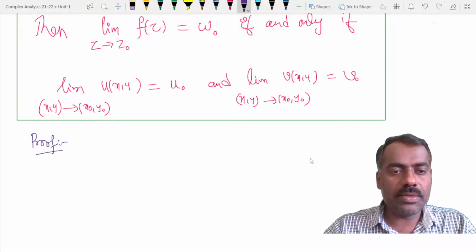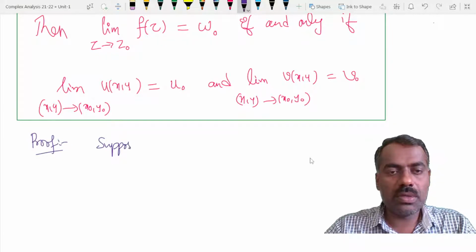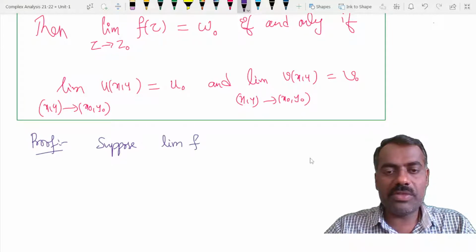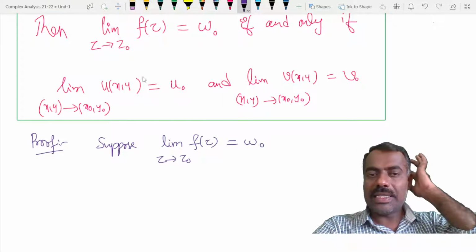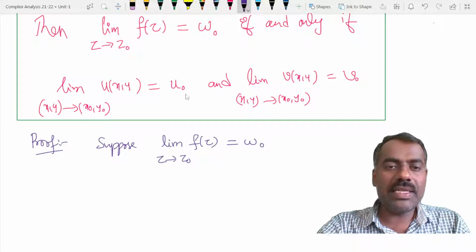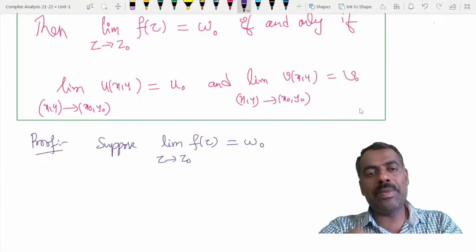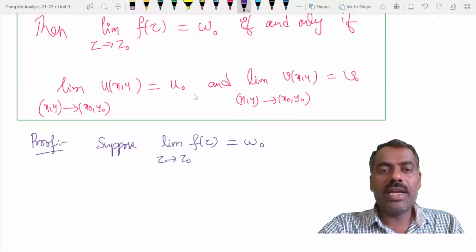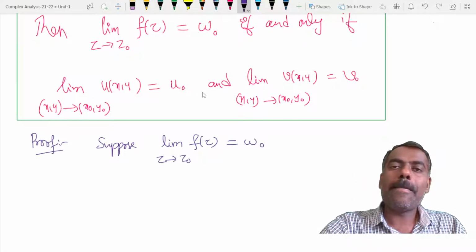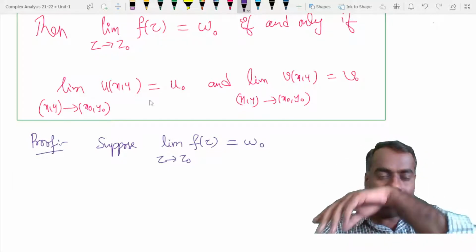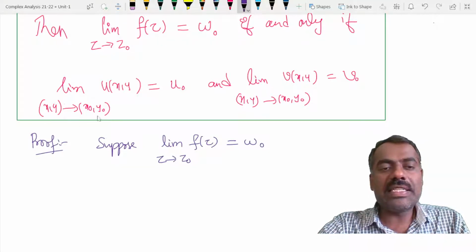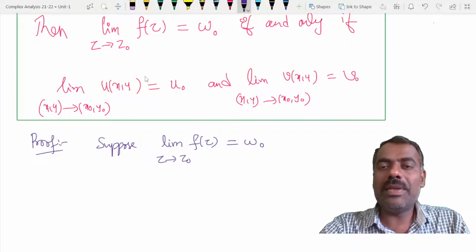So suppose limit of f of z as z tending to z naught is w naught. Then we want to show that these two real valued limits are u naught and v naught. How do we show a limit? Take an epsilon and find a delta such that whenever this distance is less than delta, then the distance will be less than epsilon.